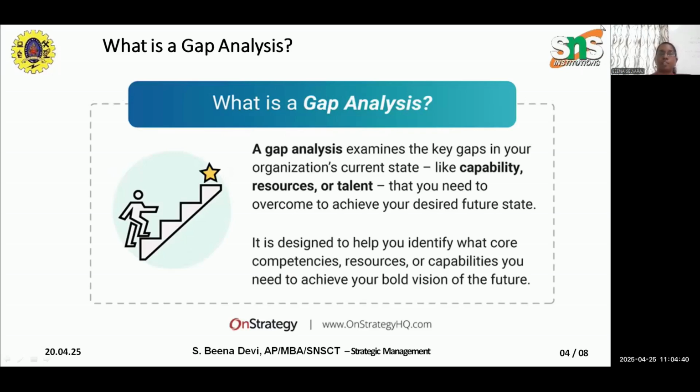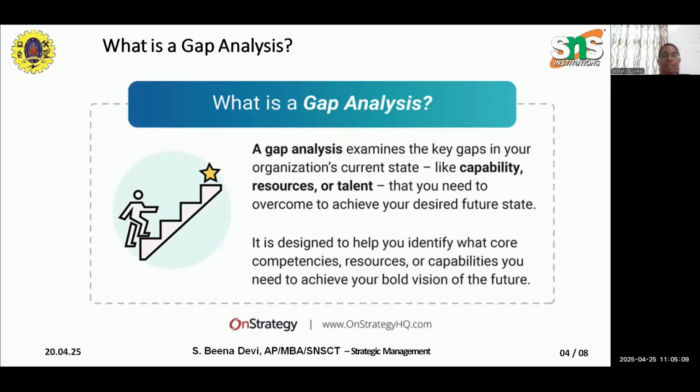Let's get next into what gap analysis is, with an example. Gap analysis examines the key gaps in your organization's current state, like the capability, resources, or talent that you need to overcome to achieve your desired future state. It is designed to help you identify what core competencies, resources, or capabilities you need to achieve your vision of the future.